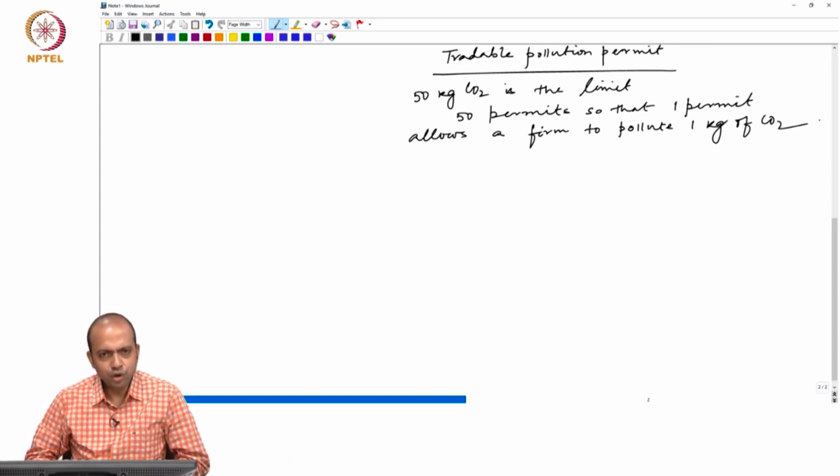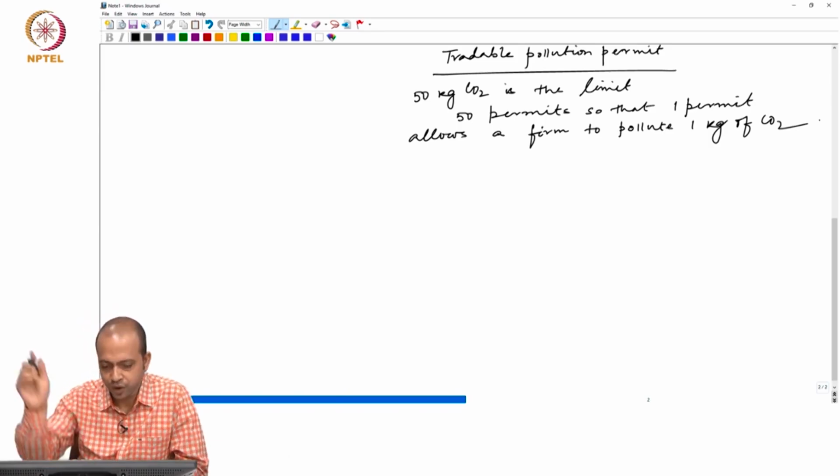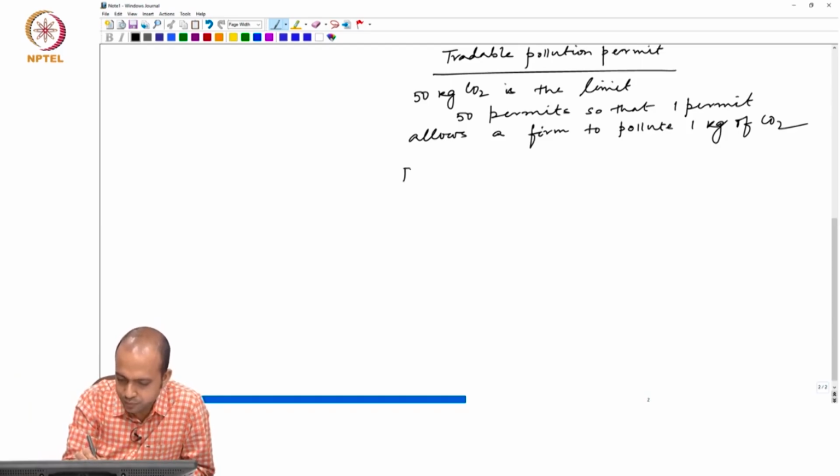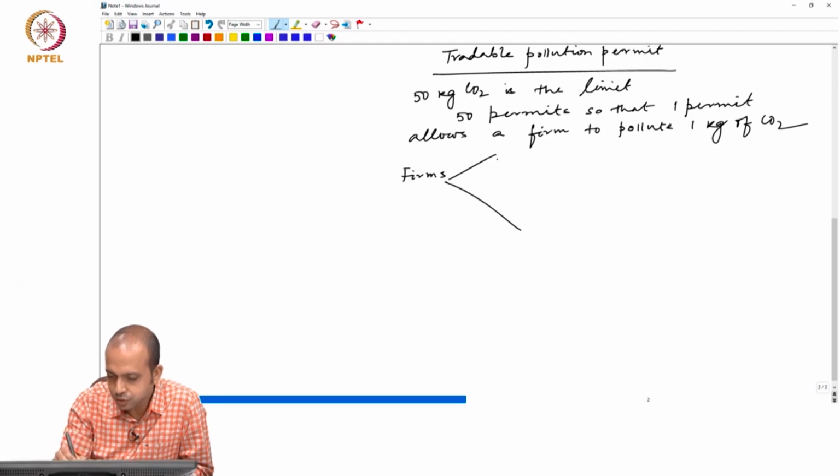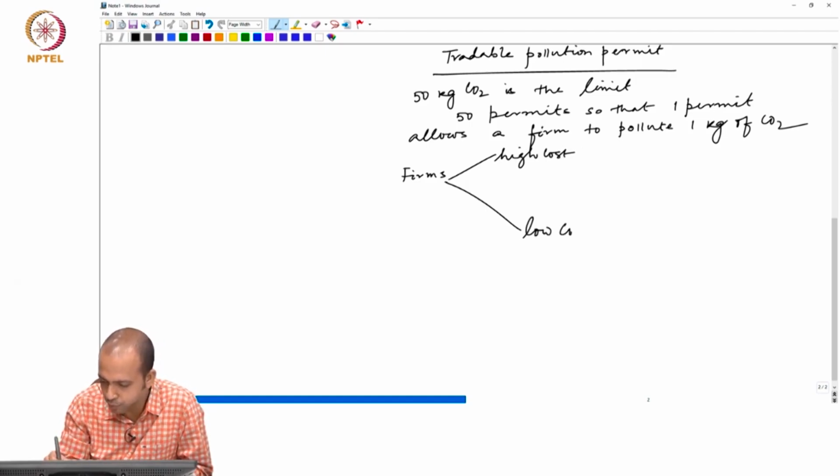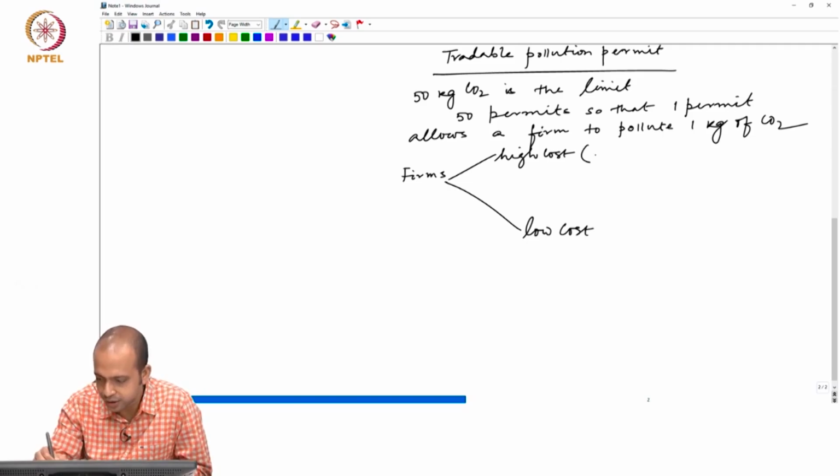So, depending on their capacity, let us say that there are two types of firm. Okay? One is high cost, and another one is low cost. I am talking about only the cost of abatement. Let us say that this is marginal cost A, this is marginal cost B. So, we assume that MCA is actually greater than MCB.